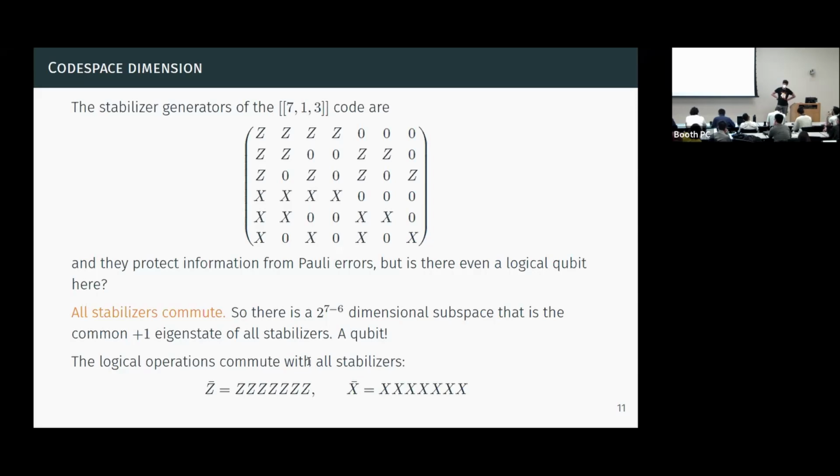You can write a unitary as a linear combination of Paulis, so you can always decompose it in terms of a number of Pauli errors. It doesn't mean that any one unitary you could correct, right? One unitary could have 7 bit flips in there, like the all-X string. But an arbitrary unitary can be decomposed into some linear combination of Pauli errors.